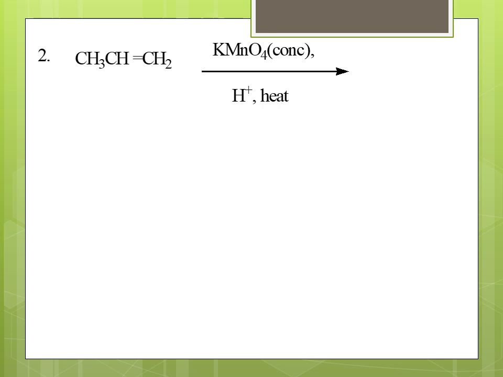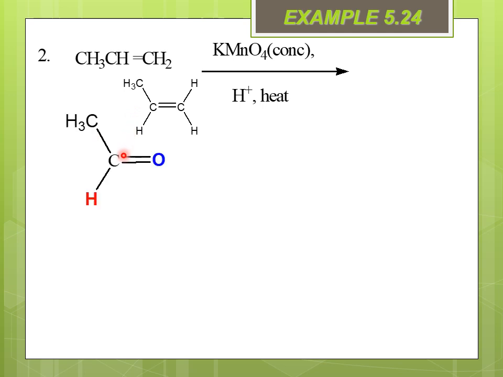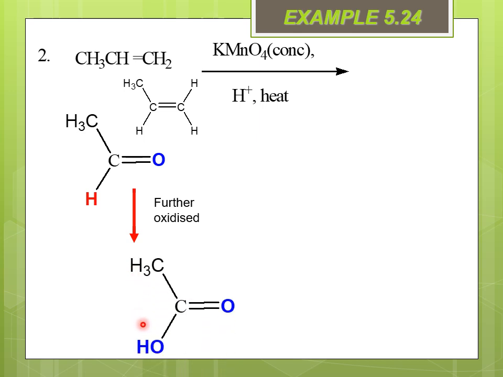Let's look at example number 2. As you can see here, the reactant is a propene, whereby if we draw it like this, we can look at the R clearly. One R on top here on the left side, so we're going to produce an aldehyde, ethanal, which is going to be further oxidized to become an ethanoic acid.